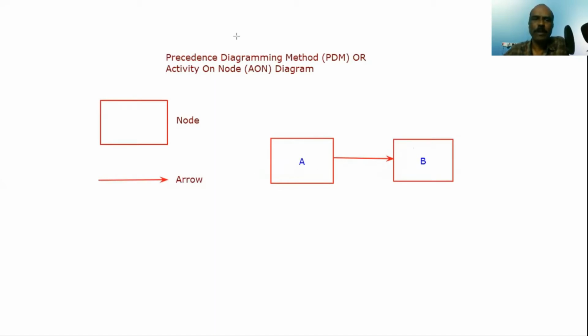To give you an example, like finalize carpenter. This is the example I told you. Let's say this is finalize carpenter. This may be install wardrobe. Now I know I cannot install the wardrobe unless I finalize the carpenter.